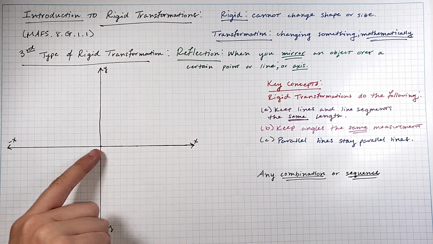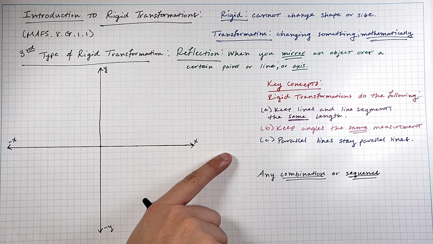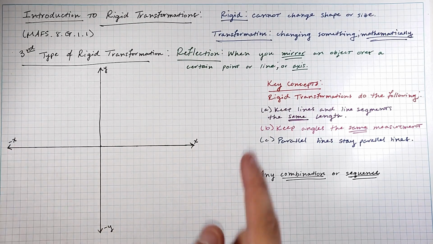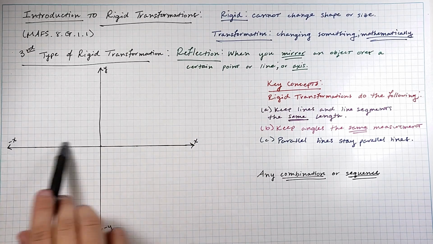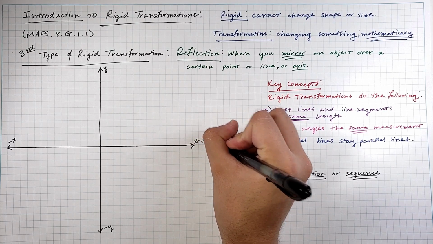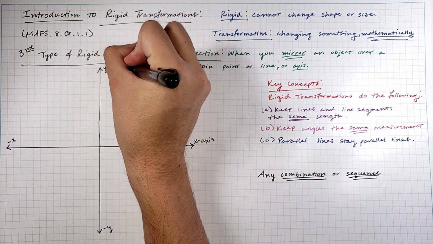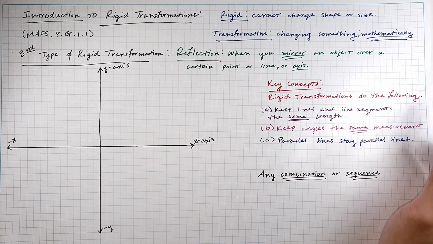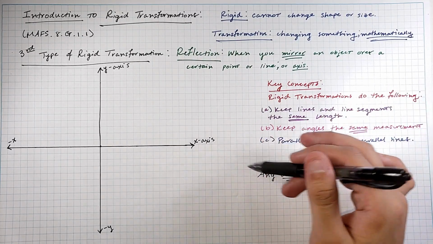Same thing with x: going right means more positive for x, and going left means you get more negative. This is the x-axis, and we call this one the y-axis.